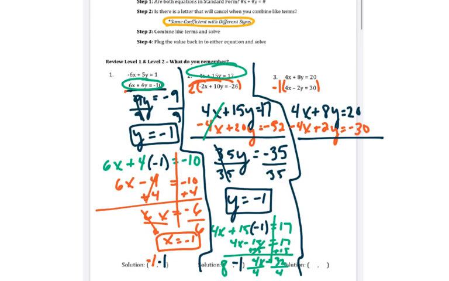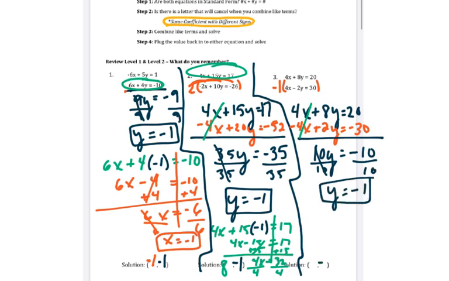Now we can combine like terms. 4x's minus 4x's will make that go away. 8 plus 2 is 10y. 20 minus 30 is negative 10. So y equals negative 1. Pure coincidence that all of these are negative 1.